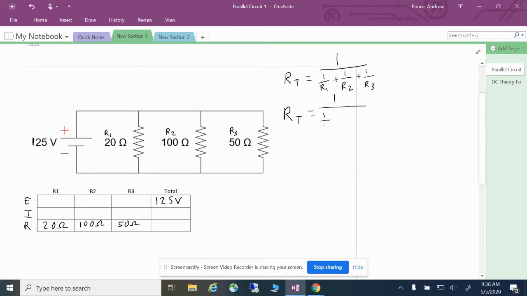So 1 over 20 plus 1 over 100 plus 1 over 50. Now what's that going to look like putting it into your calculator? We'll go ahead and take a look at that right now. So get your calculators out, and then I'll pull up a scientific calculator over here as well.